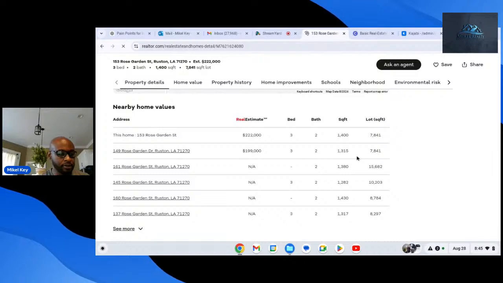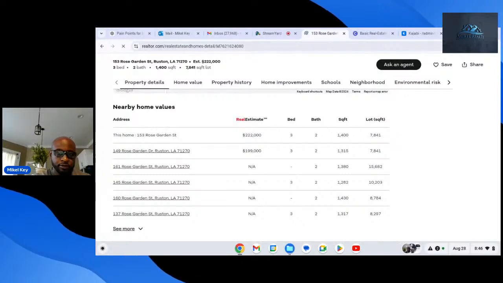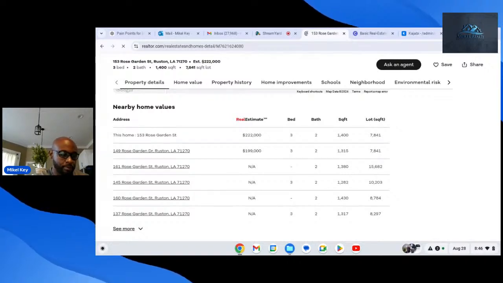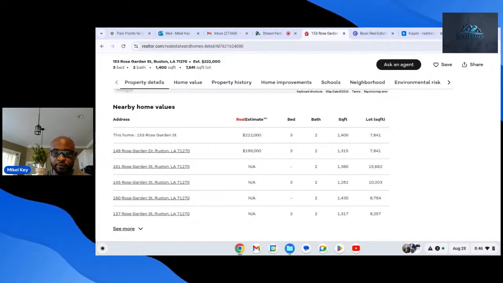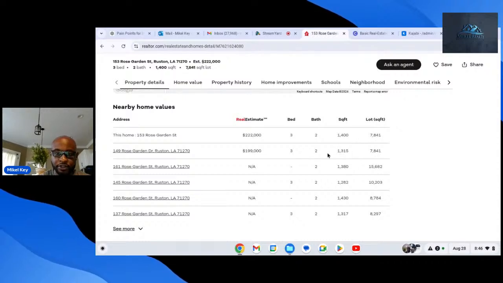If we play around with that number and do some basic math, 199,000 divided by 1,315 is $151 a foot. I want you to understand how I came up with that. I took 199,000 and divided it by the 1,315 square footage number, and that spit out $151 a foot.